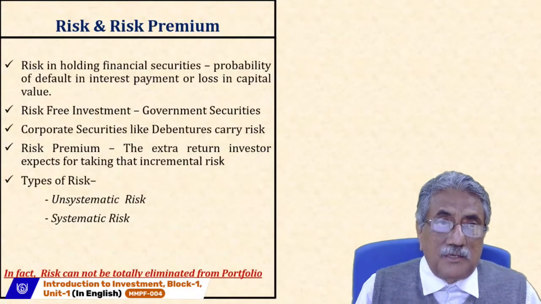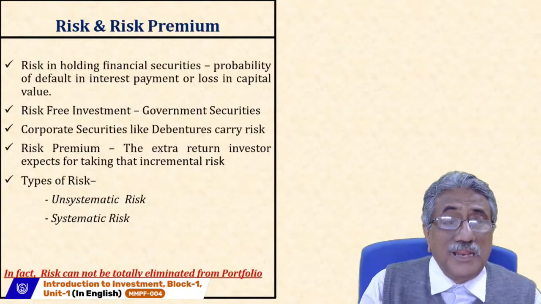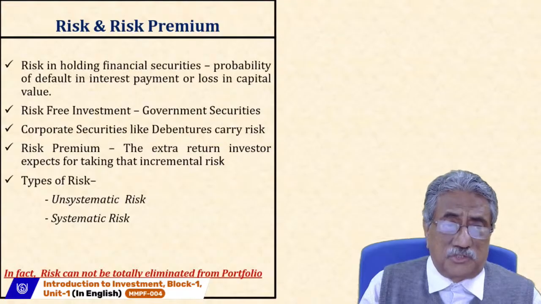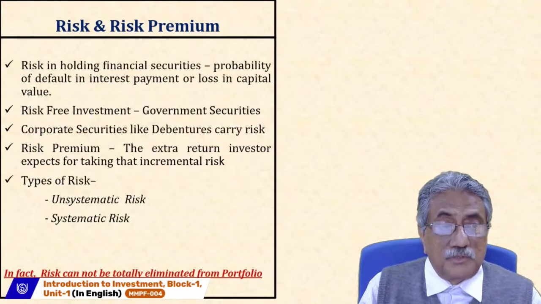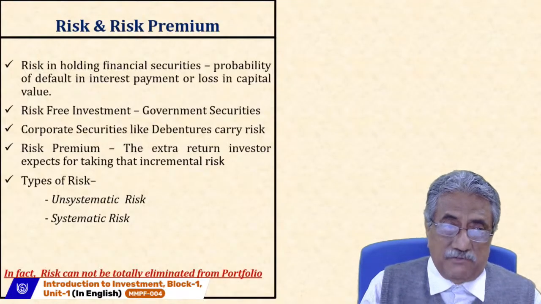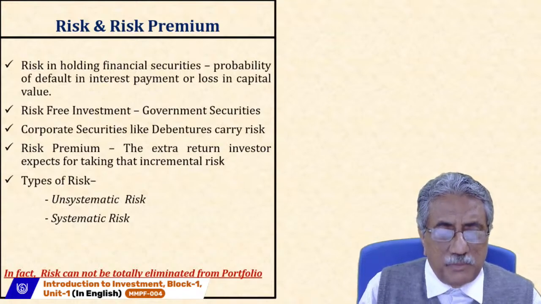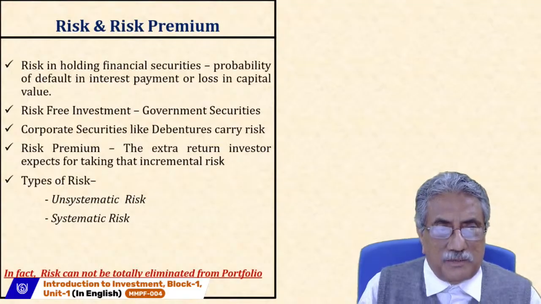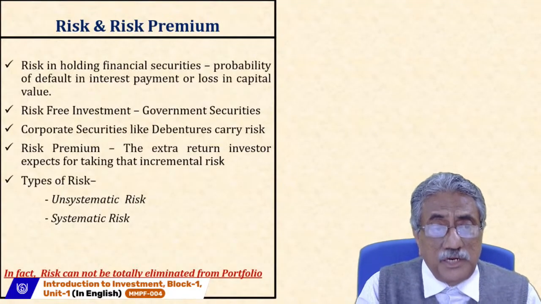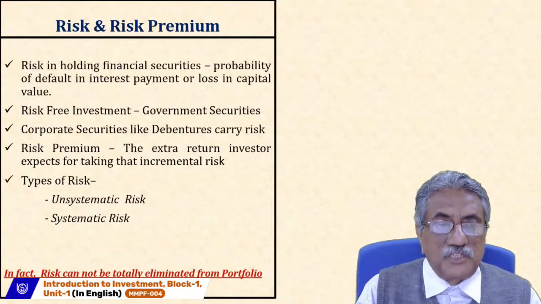In fact, as we progress further in our study, you can bring this unsystematic risk down to almost zero. It can never be zero because a little bit of risk will be there. That's unsystematic risk. But it can be reduced by diversifying your investments.